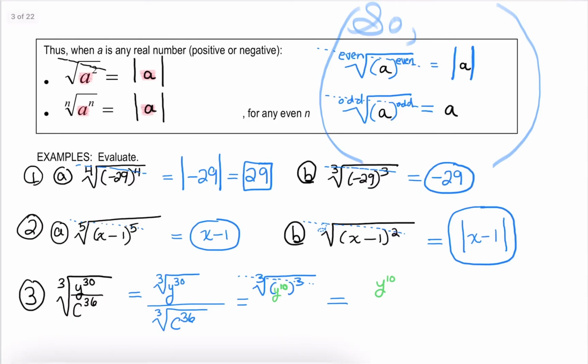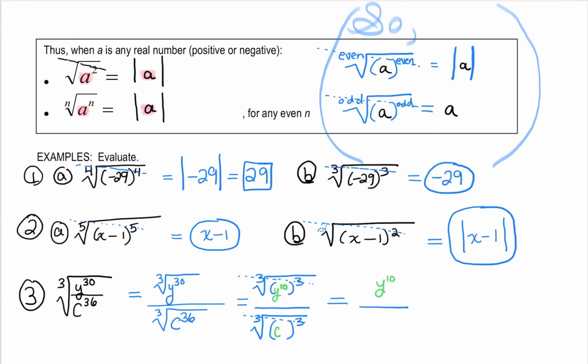All right, let's look at the same idea in the denominator. Right now, we're just working with this basic idea that the cube root of something cubed, those two undo each other, and I just get back to whatever that base would be. So here I want to think about c to what power cubed is 36.